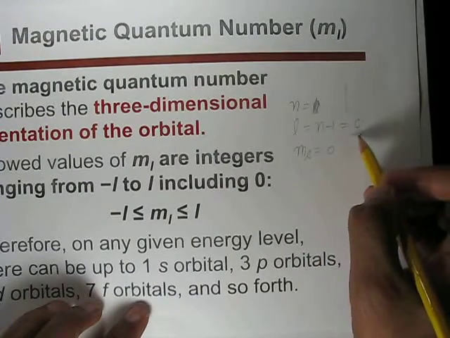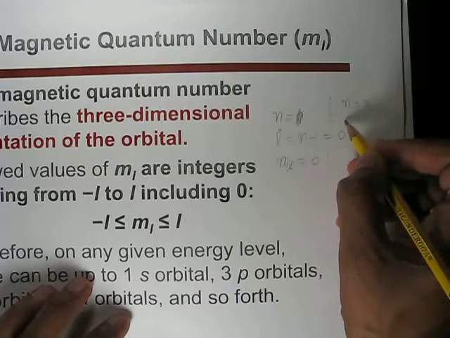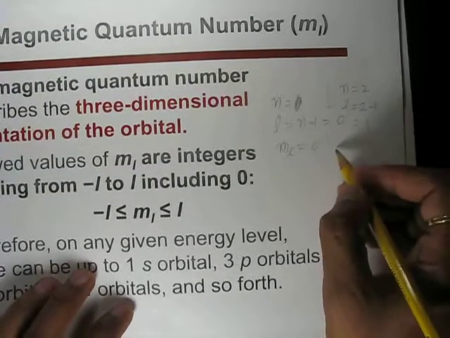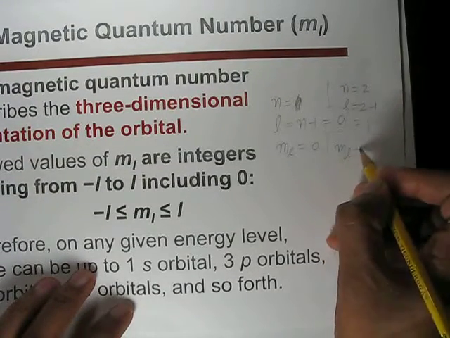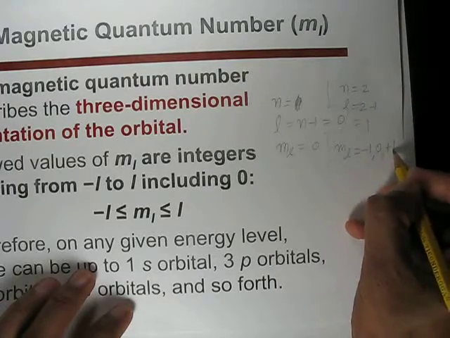But if n is equal to 2, then l will be 2 minus 1, which is 1, and then ml will be minus 1, 0 and plus 1.